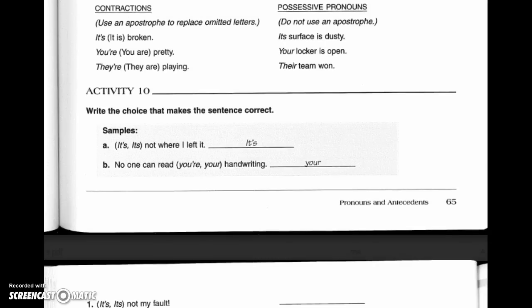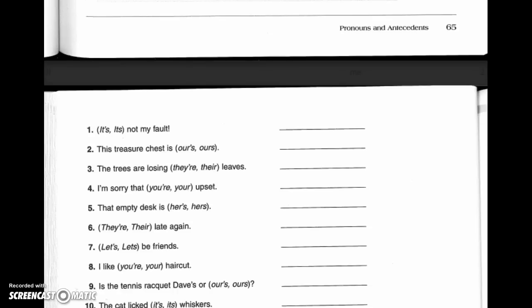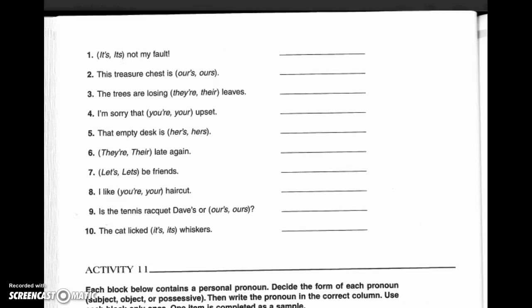And here's a couple of rules to look at. Use an apostrophe to replace omitted letters, just remember that. And for possessive pronouns, you do not use an apostrophe with pronouns, of course. Activity 10, you will be doing numbers 1 through 10. Again, I hope this is just review, but really watch out for numbers 1, 3, 4, 6.